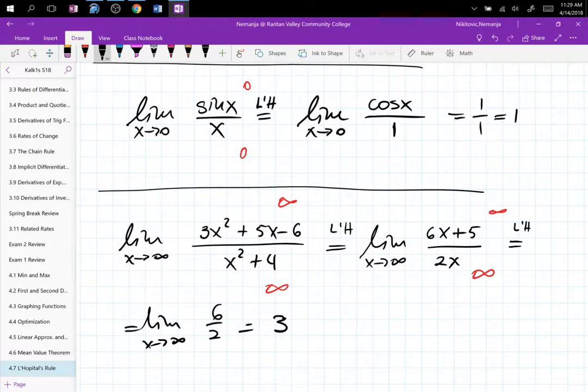Now, does it work for 0 divided by 7? No. Does it work for 7 divided by 0? No. 7 divided by infinity? No, right? So it doesn't work for anything else other than strictly 0 divided by 0 and infinity divided by infinity. That's the limitation.